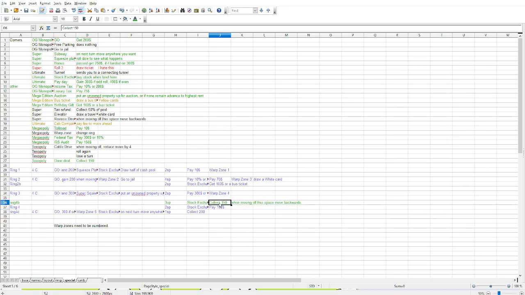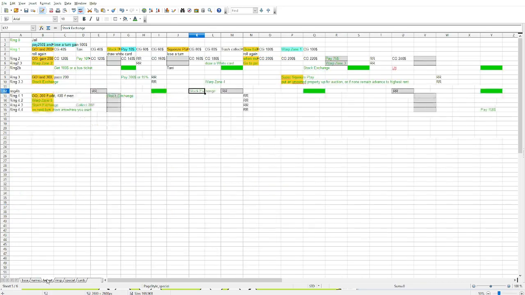Collect 150. Well, that's the other thing. I also have 2 different collect spaces here. I put a stock exchange on Arc 2. I guess I also put the other collect space on Arc 4, which is the one second before the corner, with the collect space on it, so that should work.